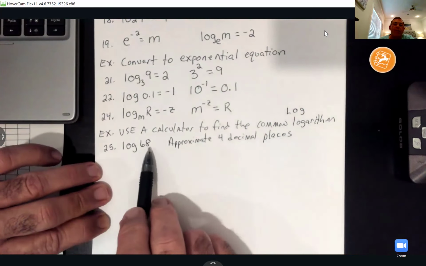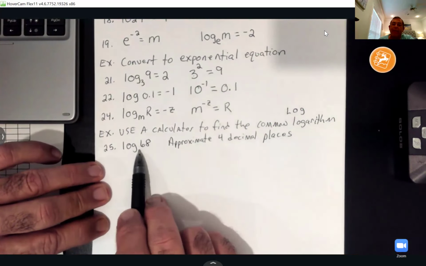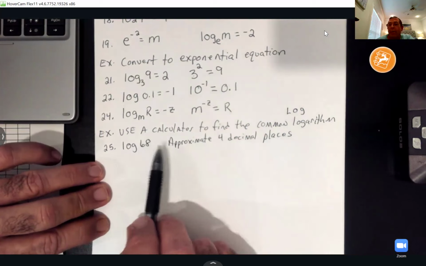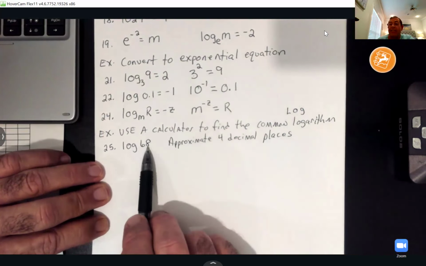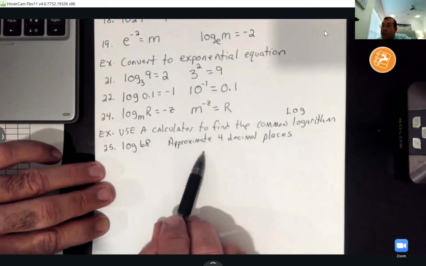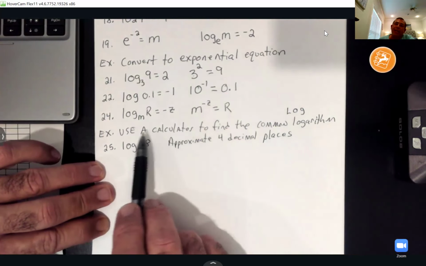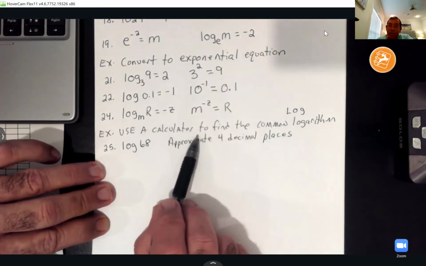If they're not perfect squares or cubes of that base, and you know this is going to be 1 point something, right? Because 68 is in between 10 and 100. So that means the exponent has to be between a 1 and a 2.